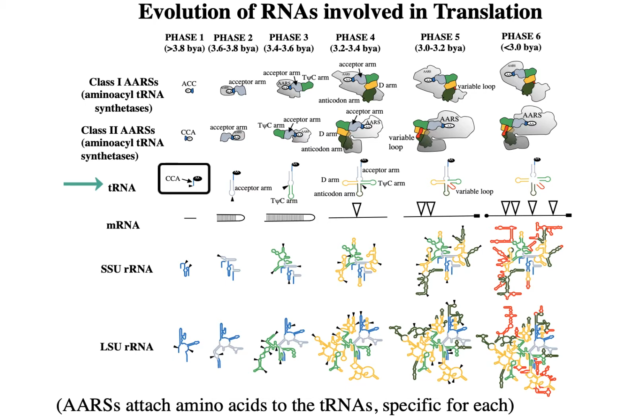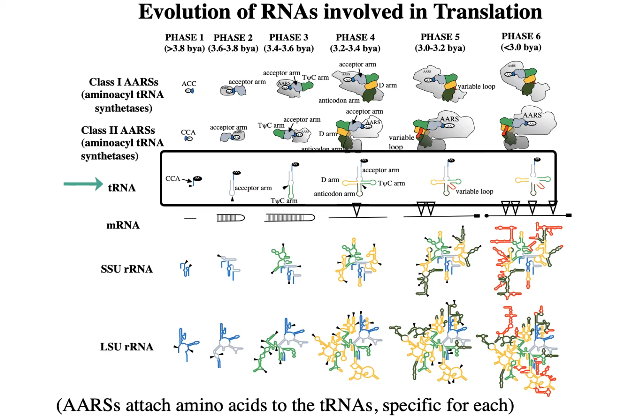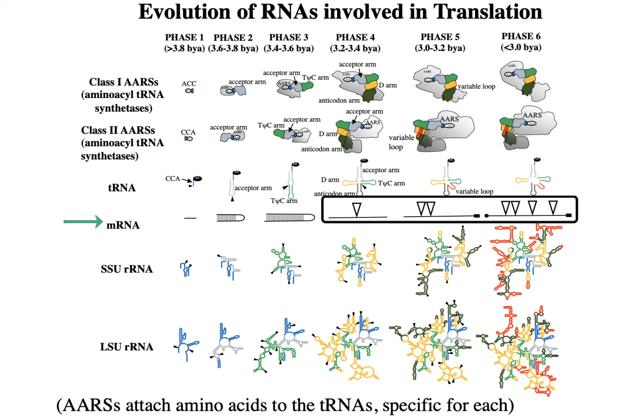And you can see up here that the tRNA was probably put together in the same way, using introns as sort of enzymatic RNAs that would put these pieces together. mRNAs also have introns, but of different types.